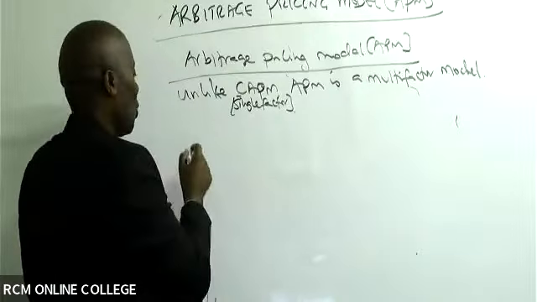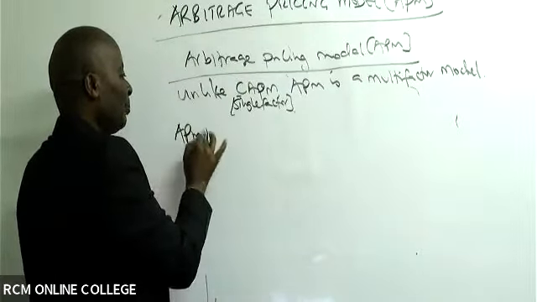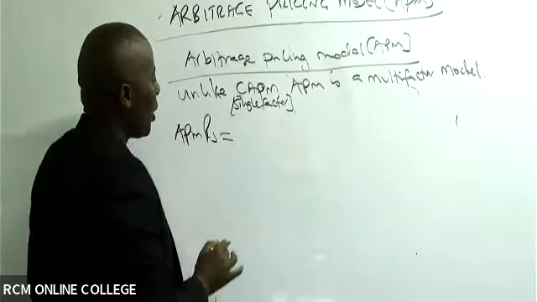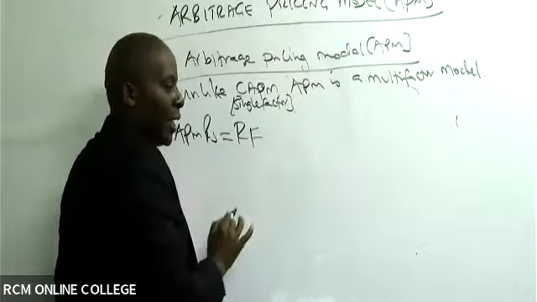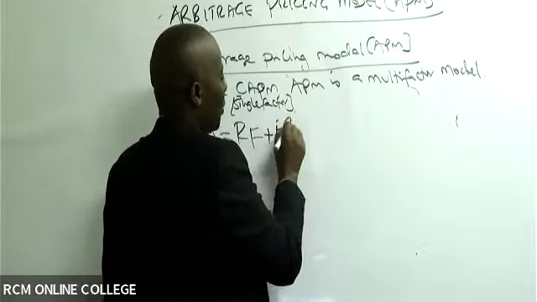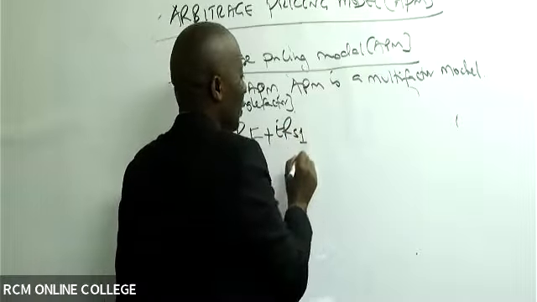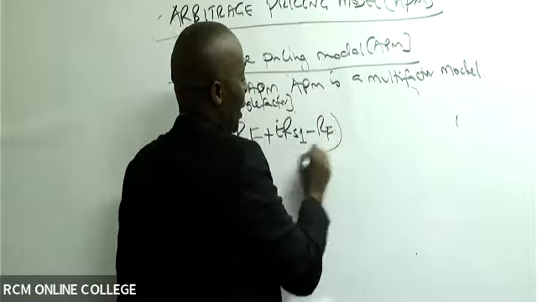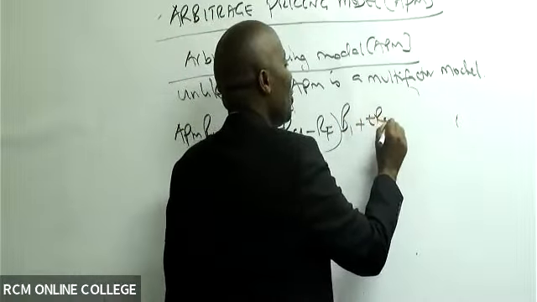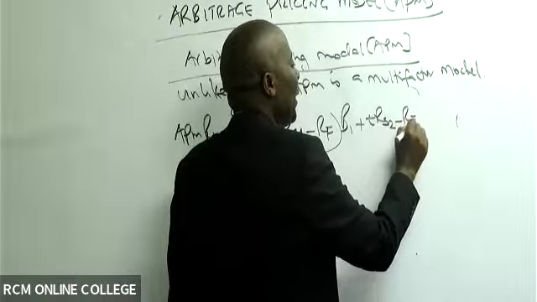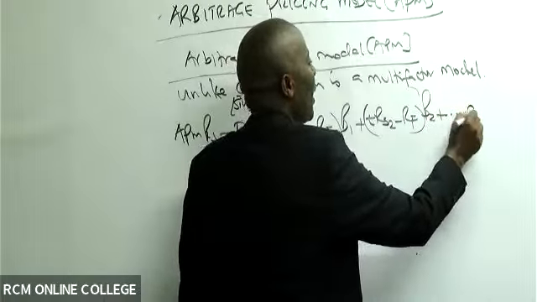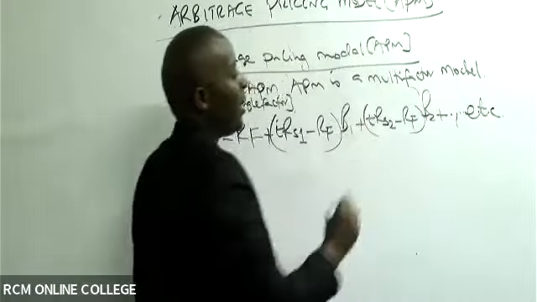Now, anytime you want to get APM returns, ladies and gentlemen, we must always start with the risk-free rate, plus the expected returns of the security given factor 1 minus risk-free, multiplied by beta 1, plus expected returns of the security given factor 2 minus risk-free, multiplied by beta 2, plus so on.